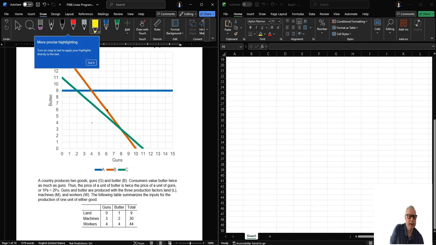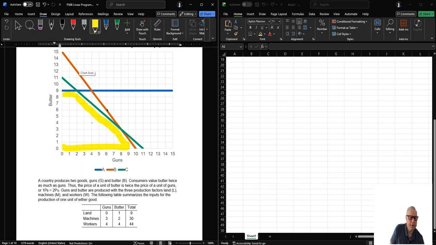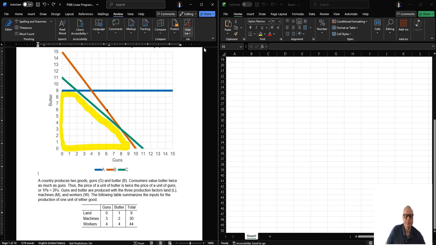And again, the area of feasible production would be everything inside here. So that would be the area of feasible production. That's a little bit too high here, but you get the idea, and so that would be outside the green constraint.